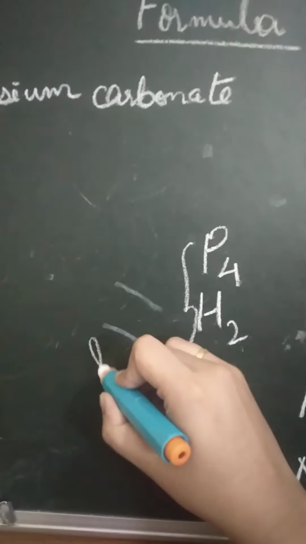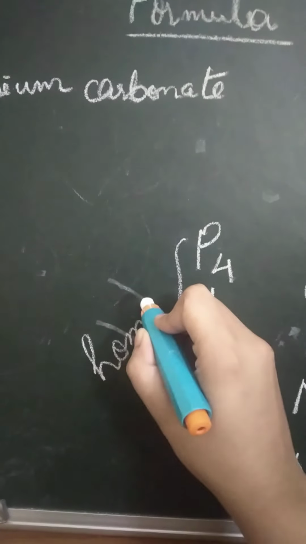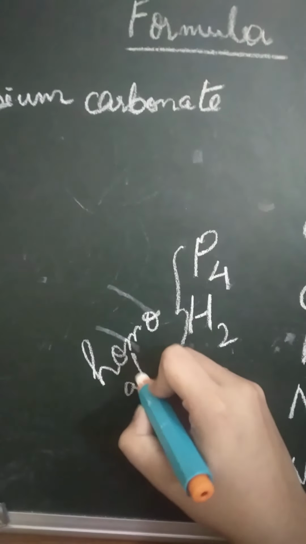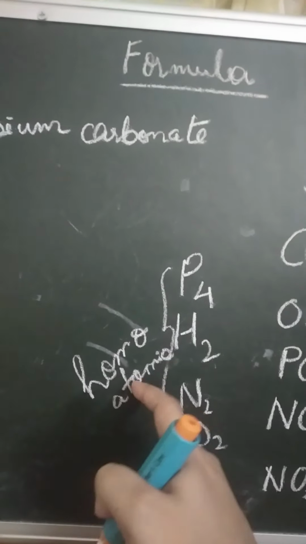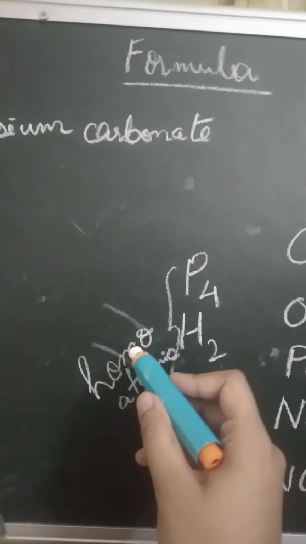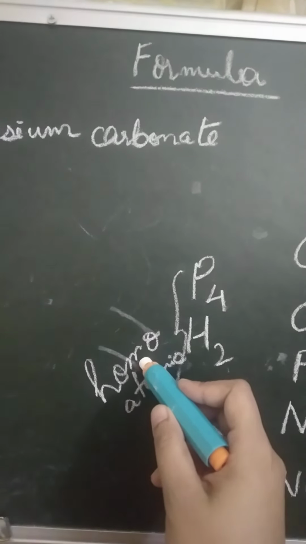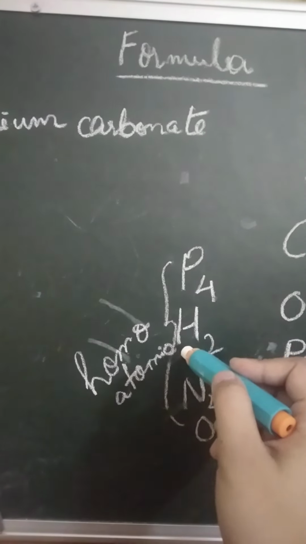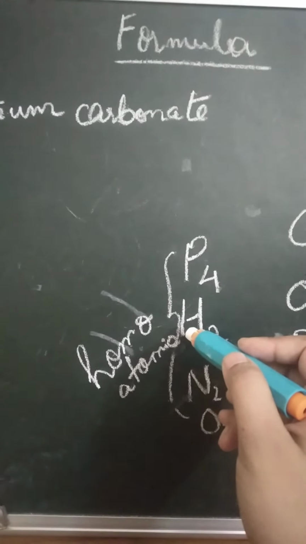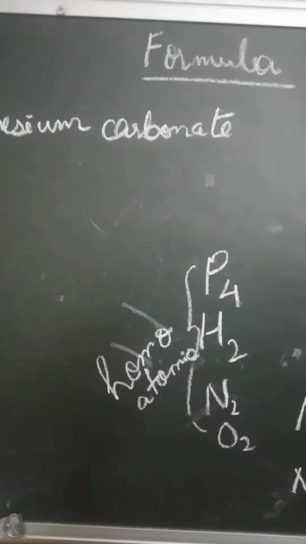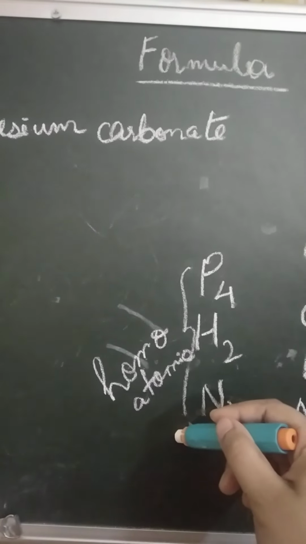So what will we call all of these? They are homoatomic molecules. Why do I say homoatomic? The word homo stands for similar or likewise. Okay? Similar atoms combine to result in the formation of a molecule. That is why they are known as homoatomic.